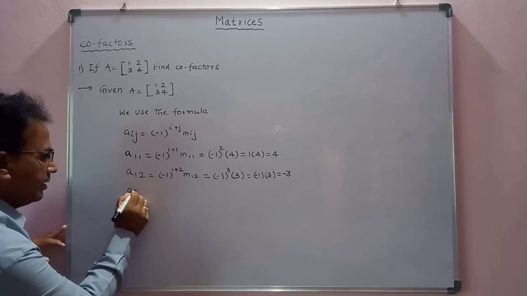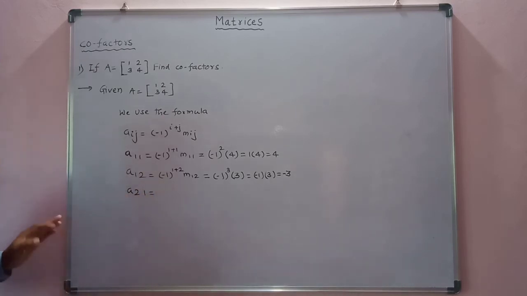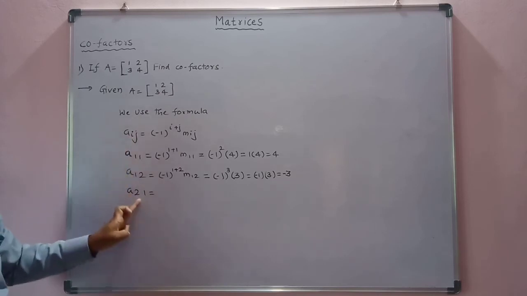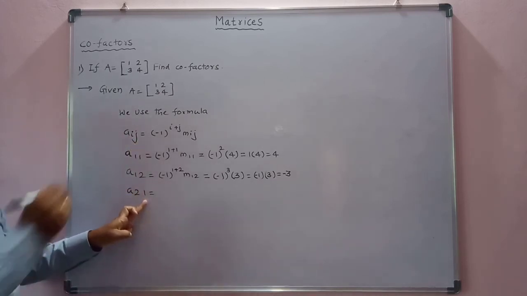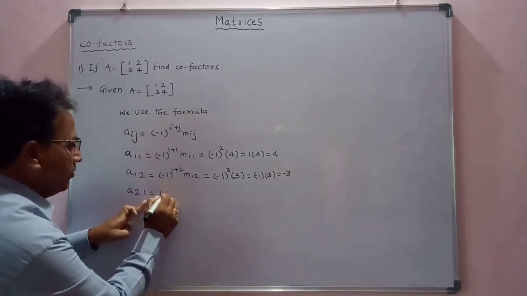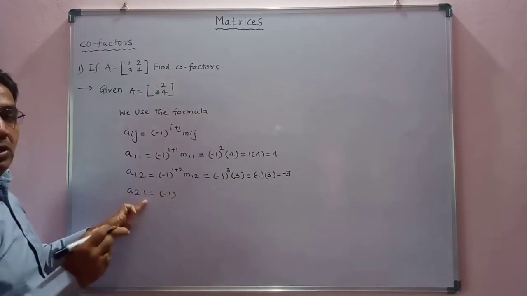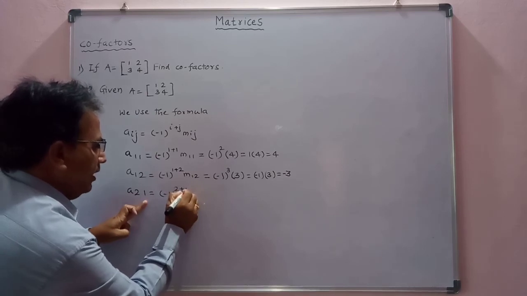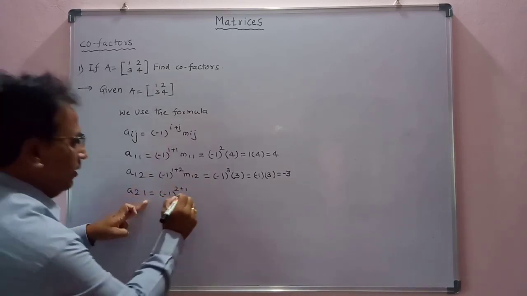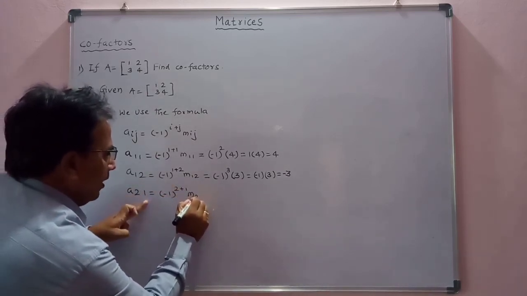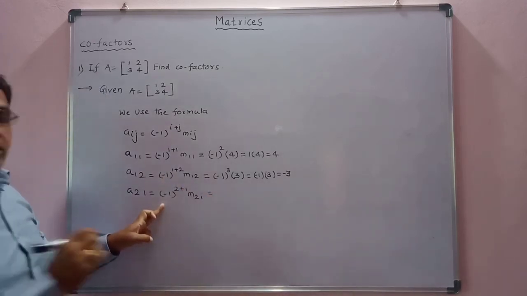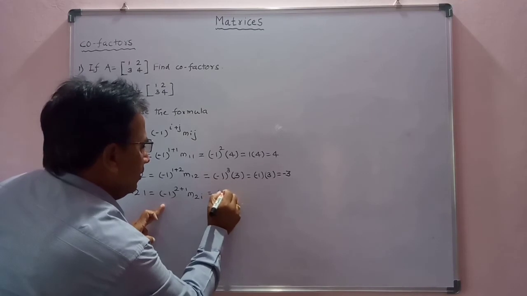And next is a21. The row changes. Second row, first column. The value of i is 2 and the value of j is 1. We write minus 1 raised to i plus j, that is 2 plus 1, into m21. Minus 1 raised to 2 plus 1, this addition is 3.